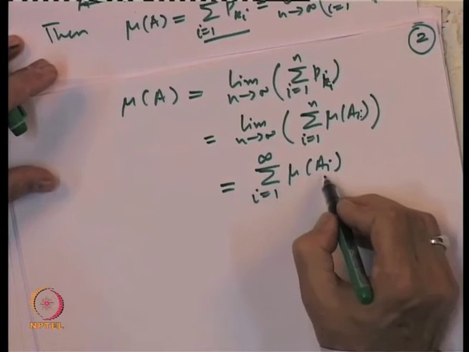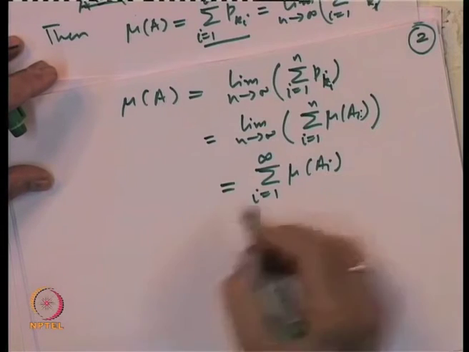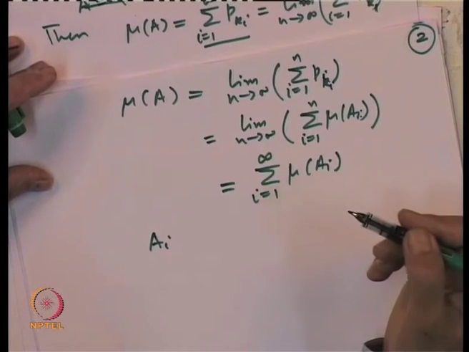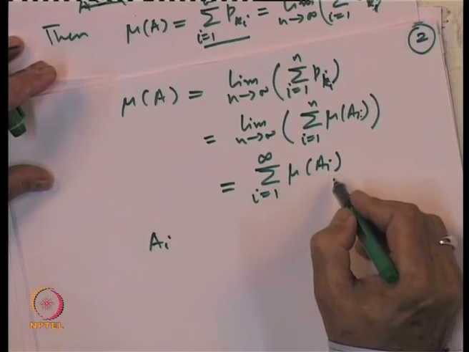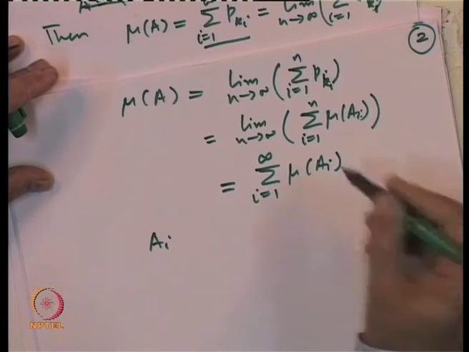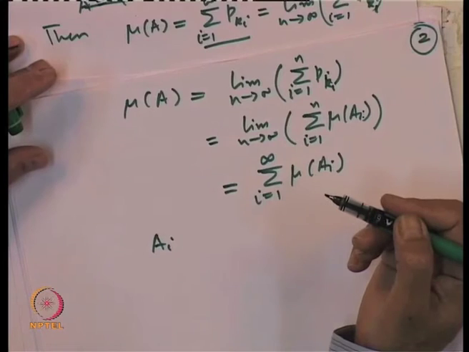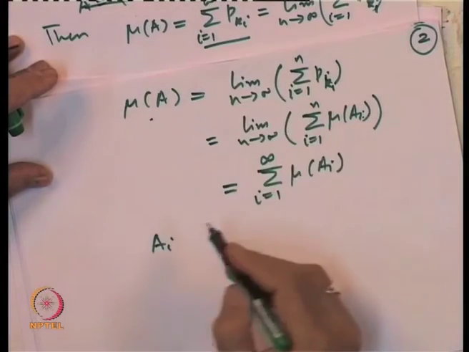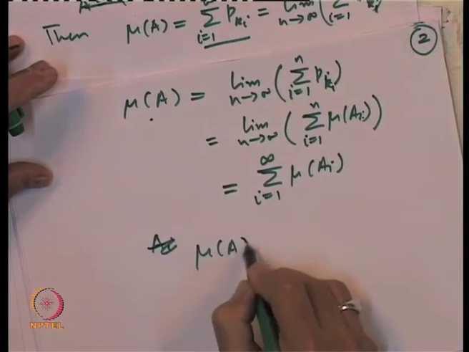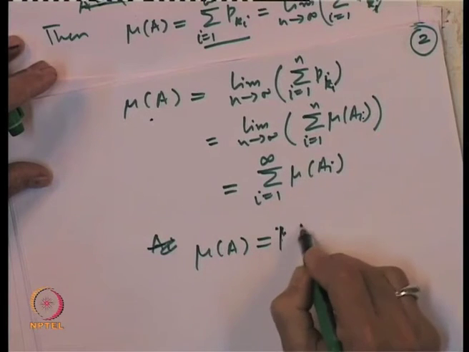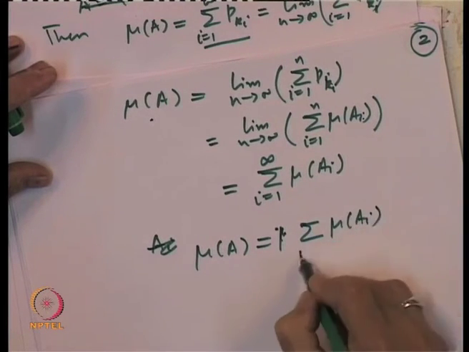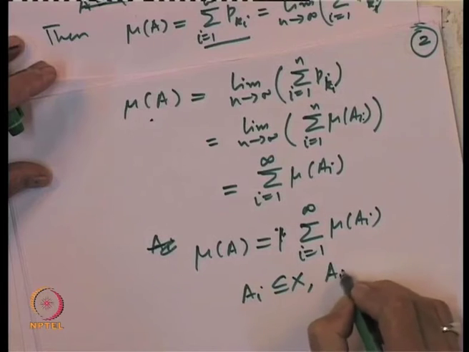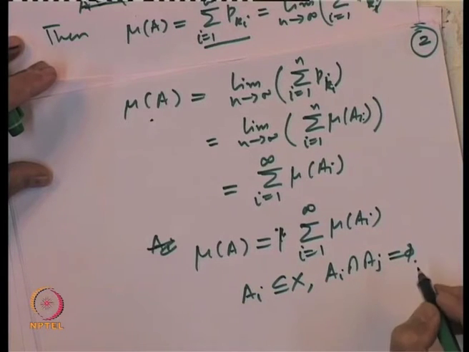So mu of A is equal to the summation of mu of A i's whenever A i is a singleton set. If not, it is a finite set, then each is a union of finite sets, and because for a non-negative series you can add it in any way you like, it is easy to check that mu of A is equal to the summation i equal to 1 to infinity of mu of A i whenever the A i's are contained in X and A i intersection A j is empty.